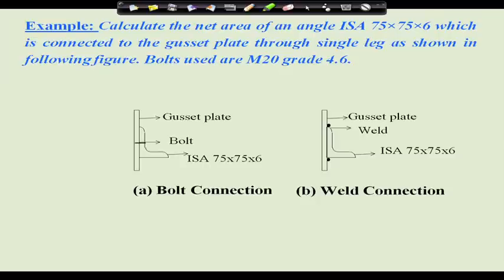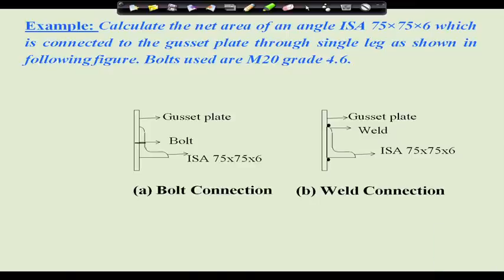Calculate the net area of an angle ISA 75 by 75 by 6, which is connected to the gusset plate through a single leg as shown in the following figure, and bolts of M20 grade 4.6 are used.